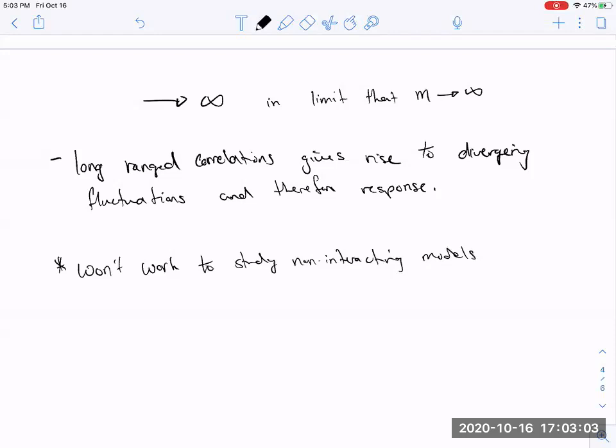We need to consider models which have explicit correlations, which in general is hard. That's a bummer. Studying interacting models, we can't factorize our partition function anymore. We won't, in general, be able to compute it in a simple way.